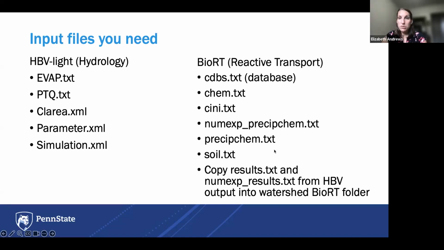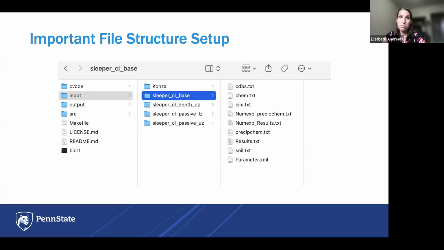We're going to go through each of these a bit more in detail, but let's start with the file structure because this is really important for getting the model to run. Here's just an example from my computer in the place that I have installed BioRT. You can see we have the source code, and then we have the made executable.